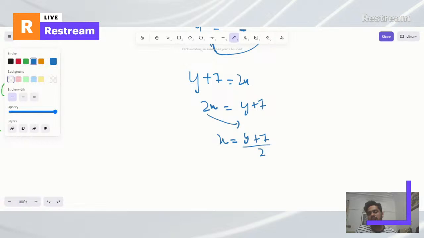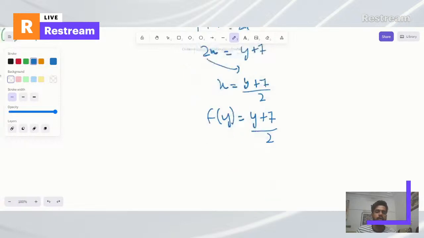Now that we have x isolated and the whole equation in terms of y, we can write x equals y plus 7 divided by 2. Now here's what I'm going to tell you in addition: this function of y can be written as the inverse function of x.